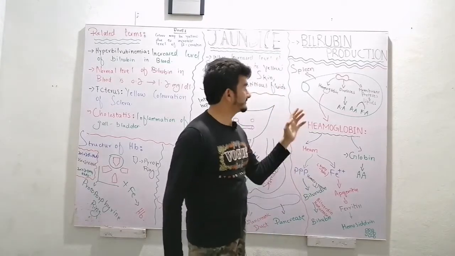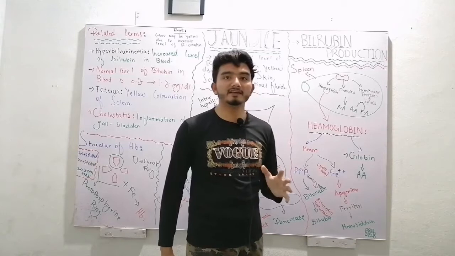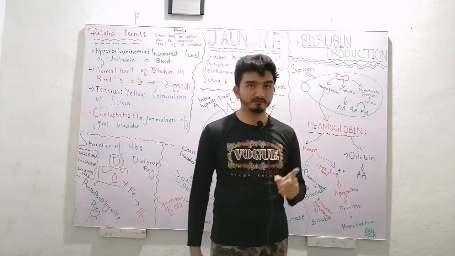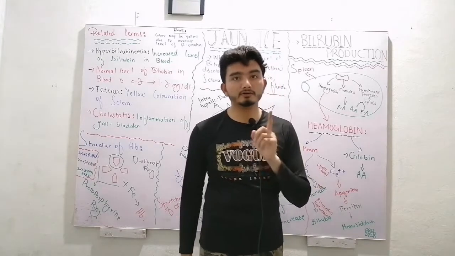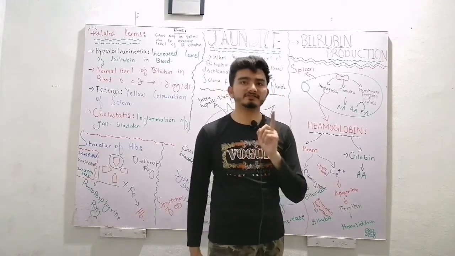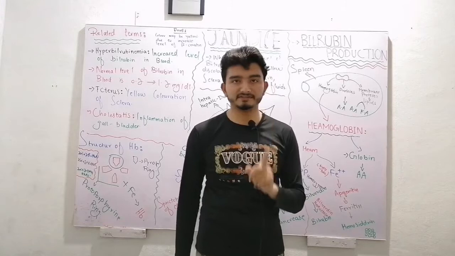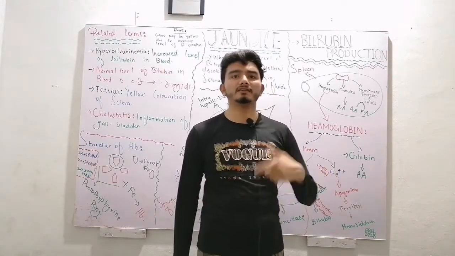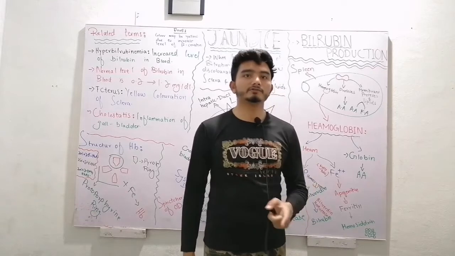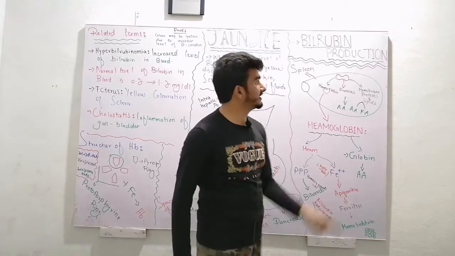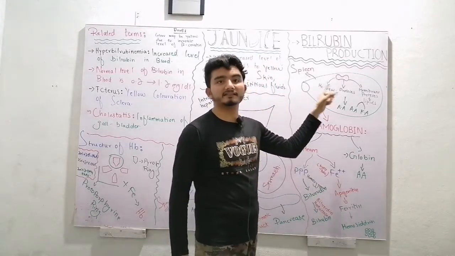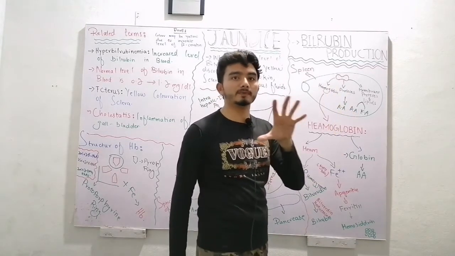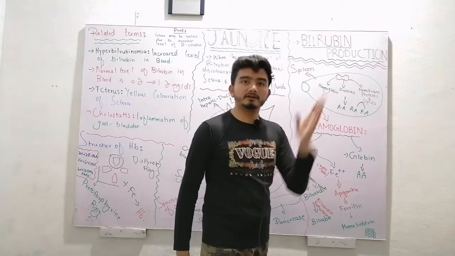There are some special cells in the spleen called reticuloendothelial cells, where the destruction of old RBCs occurs, or even those RBCs which are damaged or expired. Their lysis occurs in these special cells, the reticuloendothelial cells. These are huge macrophages which destroy the red blood cells.